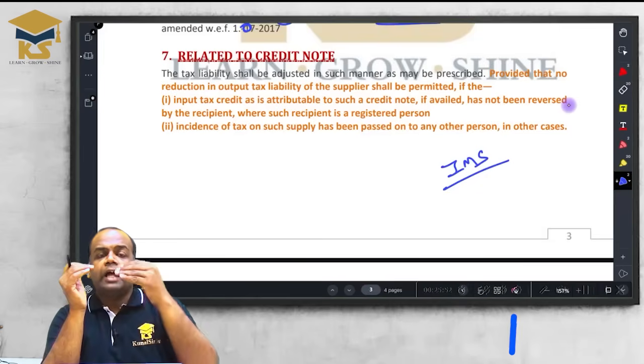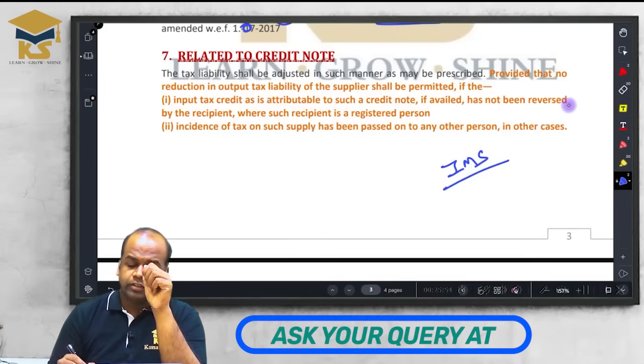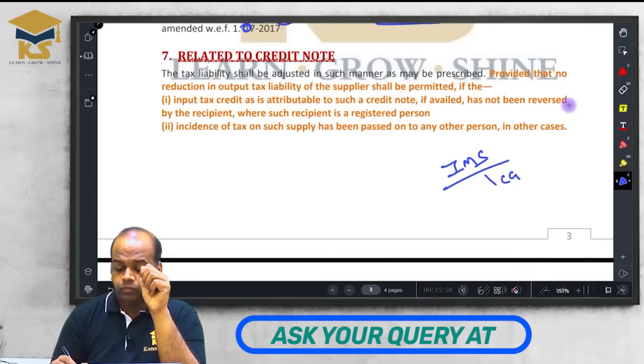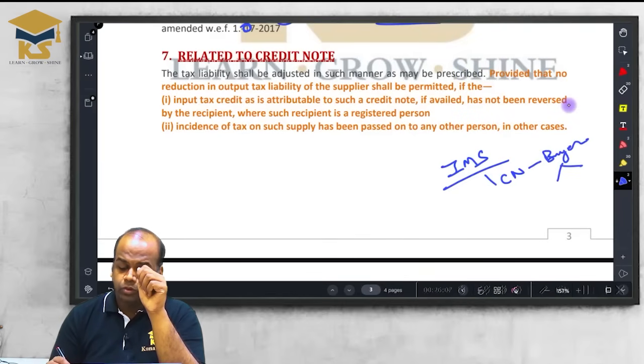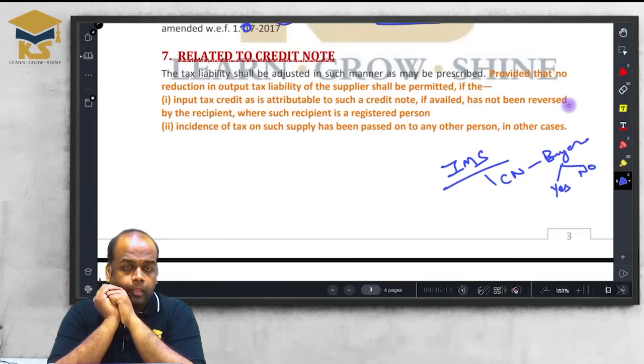Now, as soon as I issue a credit note, this credit note will be available on the portal of the buyer. Now, the buyer either has to accept it or reject it.